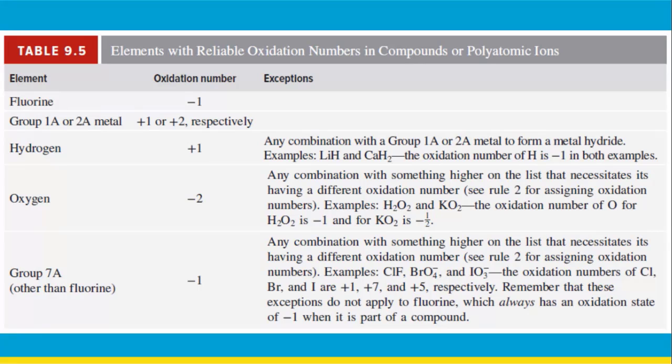So if fluorine and a group 7A are together, fluorine is going to overrule the oxidation state of a group 7A. So you just go in order down the list. Then after hydrogen, we have oxygen is -2, and then group 7As, except for fluorine, are going to be -1. Fluorine is just an exception on there because of its high electronegativity.